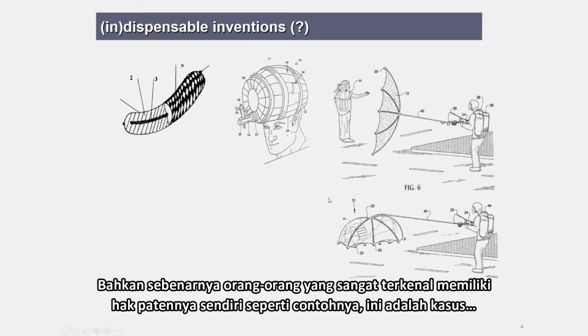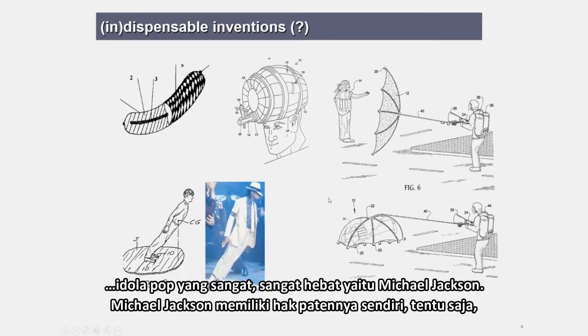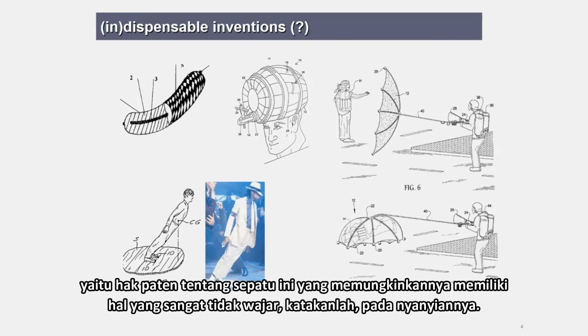Then, even very famous people have their own patents, as for example, the case of a very great pop idol, Michael Jackson. Michael Jackson has his own patent, of course. That is the patent about this shoe that allows him to have a very unnatural angle to the scene.